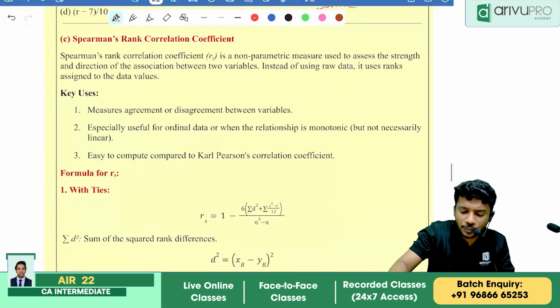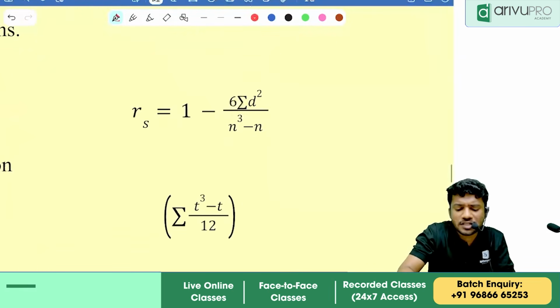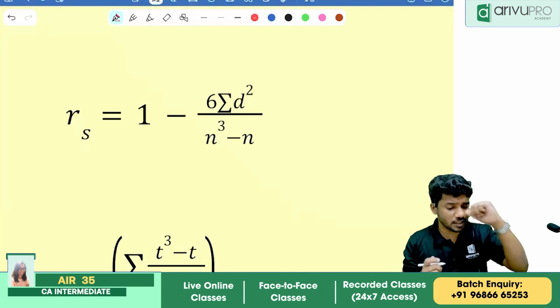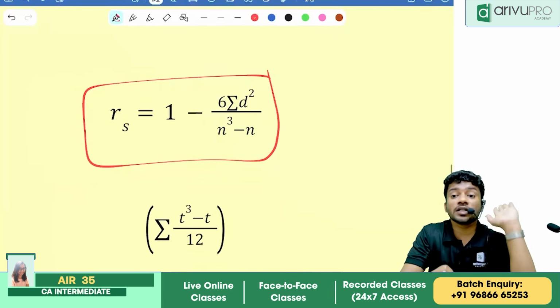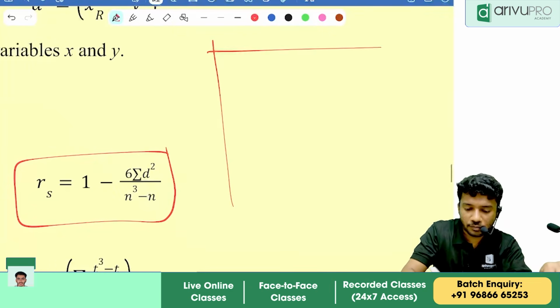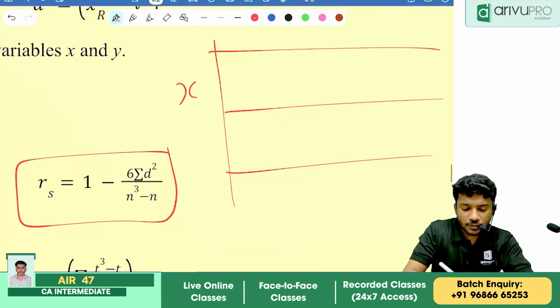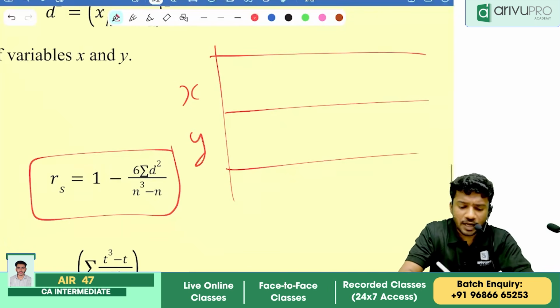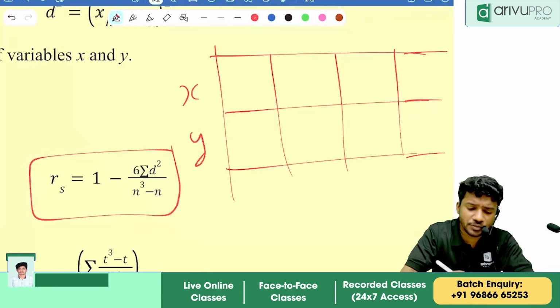Now, we are going for Spearman's rank correlation coefficient. What happens in Spearman's rank correlation coefficient is, we should be bothered about this equation. Without wasting time, I will show you how the question comes. X is there, Y is there. These are the marks scored by those people in X and Y subject.